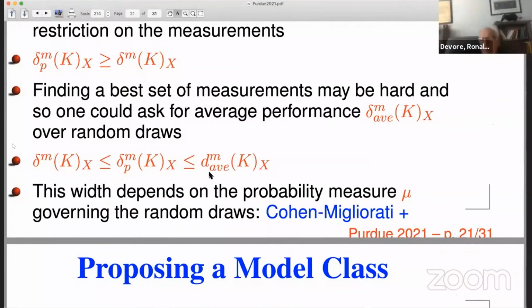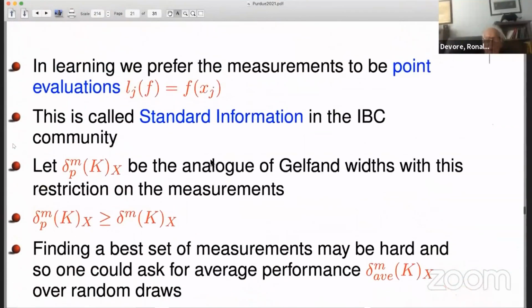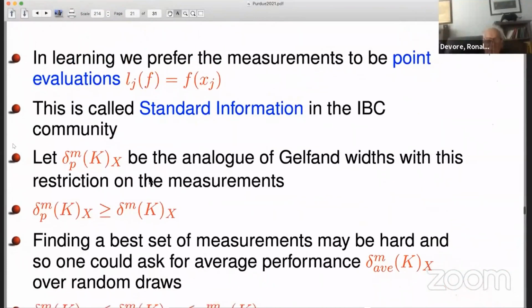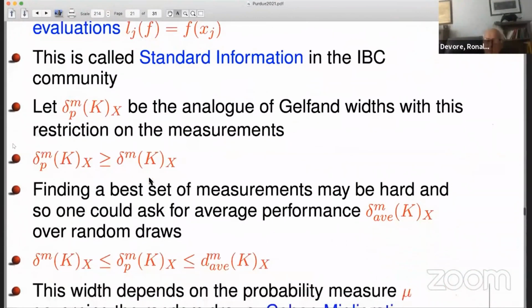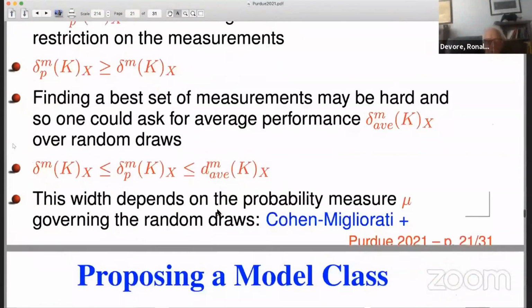And so you could say, all right, given a random draw, how well do you perform? Of course, the draw can be bad or it could be good, but you can say, on average, how well do I perform? That is, for example, an expectation: what would be the best I could recover? So my point is that it would be very useful in deep learning to analyze these quantities, Gelfand widths, point-wise Gelfand widths, and the average width, to understand how much data you need to learn functions from a given model class.